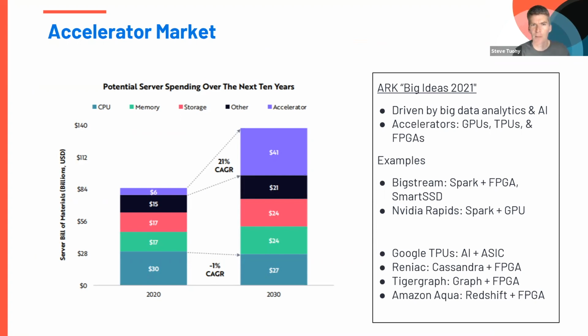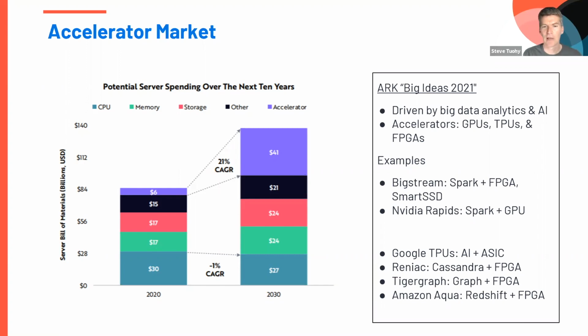But other examples of big data acceleration are even Google's TPU, right? So that's them declaring that the CPU is not the best tool for their ML AI frameworks, and so they can actually justify building a dedicated chip, an ASIC, in the form of a TPU.